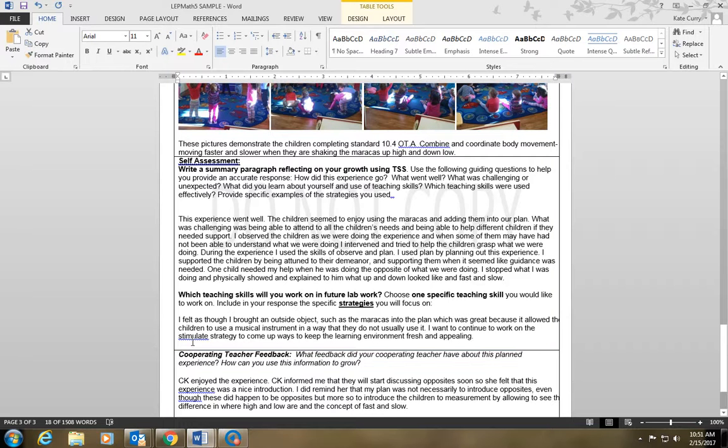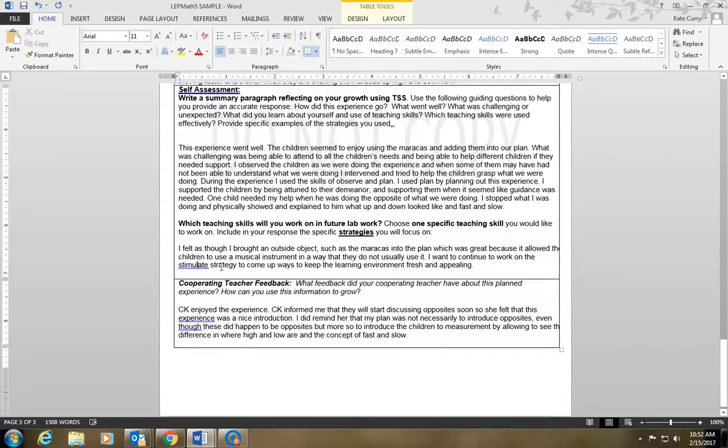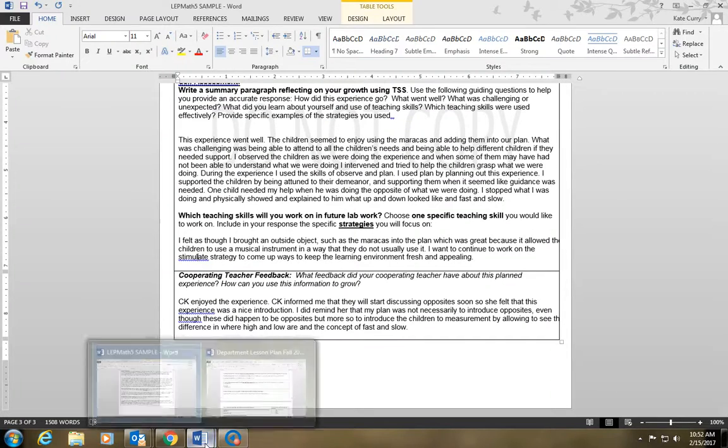And while this one doesn't do as good of a job of linking the skill and the strategy, make sure that whenever you're talking about your ability, your strength, or your weakness, talk about the strategy. There are many different ways we stimulate. There are many different ways that we support or stretch or observe. So use your manual and make sure that you are linking those clearly.